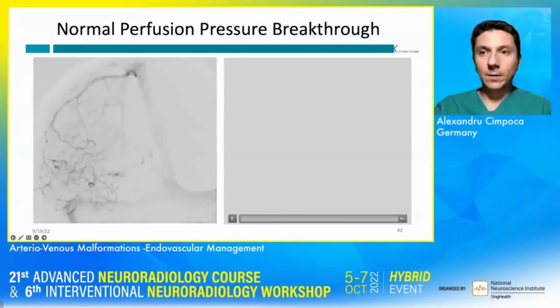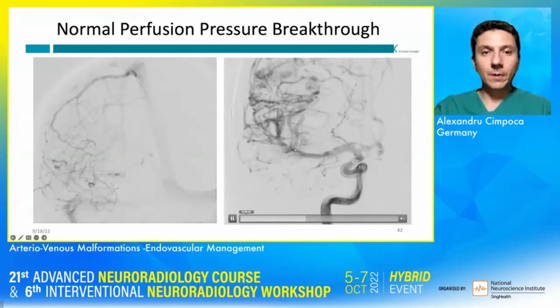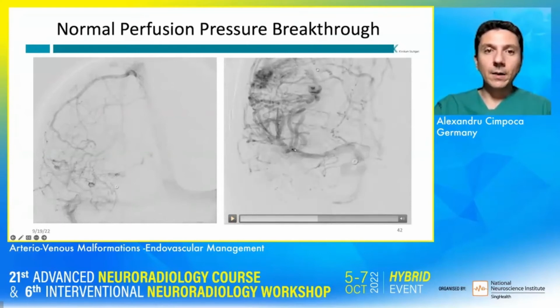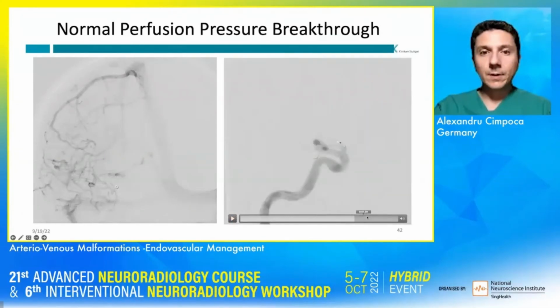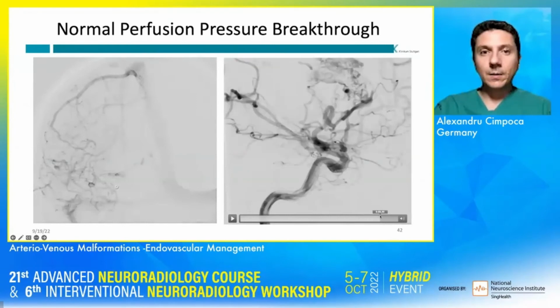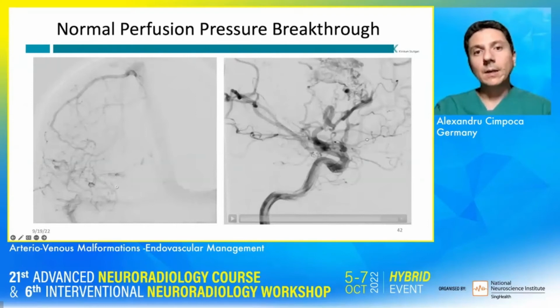And on this angiogram after embolizing 2 of the arterial feeders, you can see contrast media extravasation. Here, it's pretty rapid. So we went and closed the feeders leading to this bleeding.